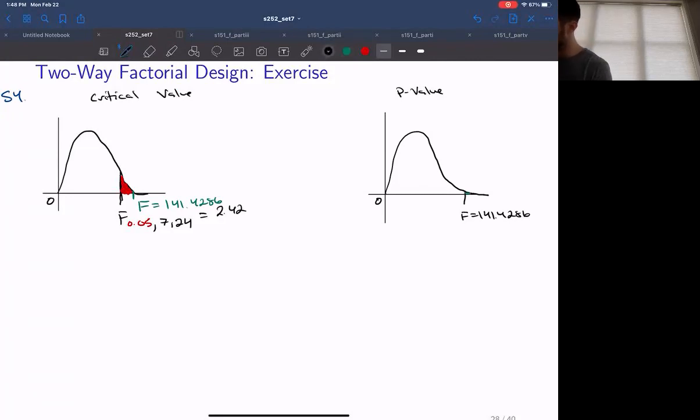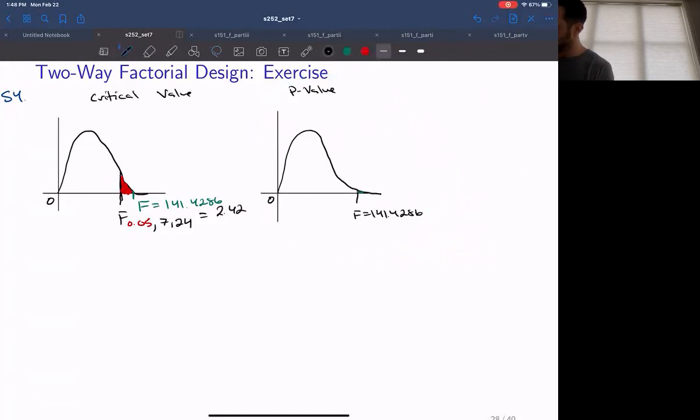So the p-value is equal to the probability that F exceeds 141.4286.